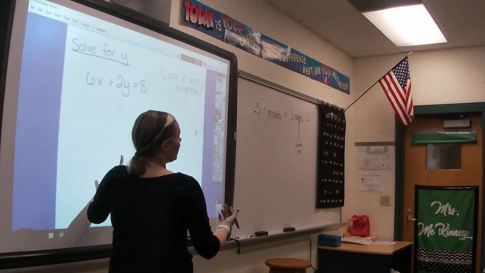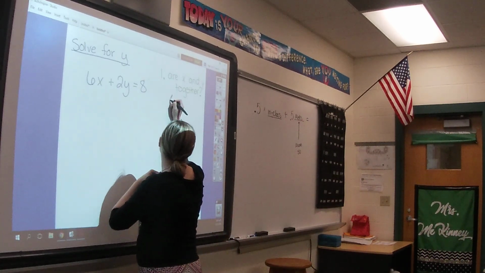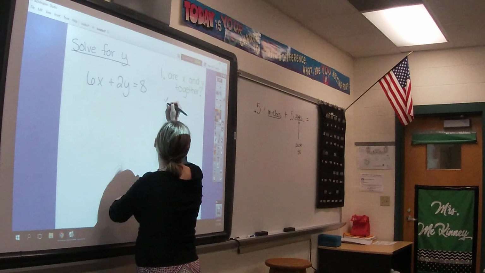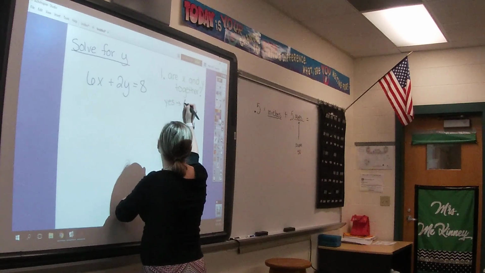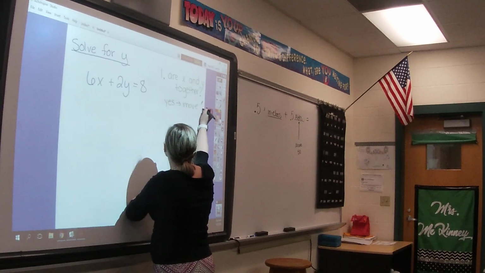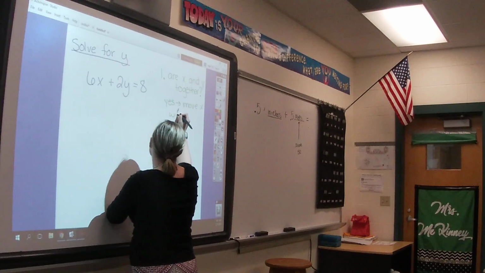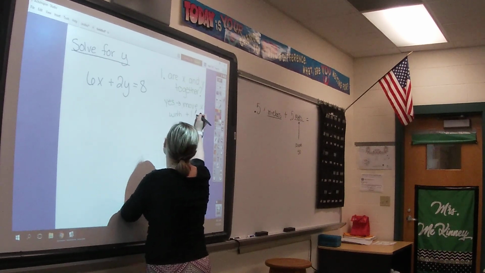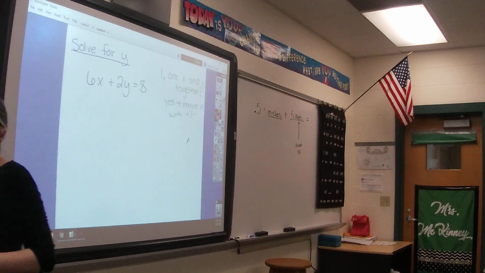Okay, so just like we were doing with the other literal equations, we will move that with addition and subtraction, because we always undo addition and subtraction first.